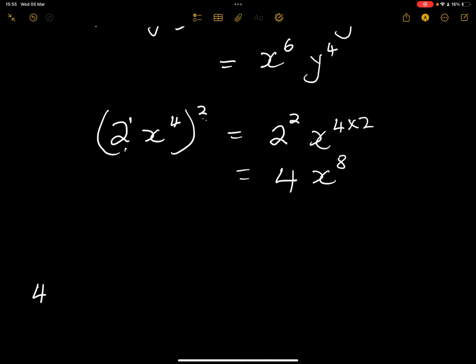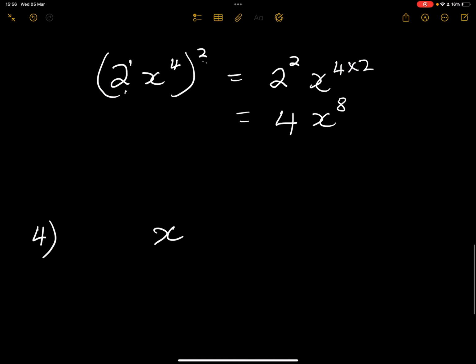Let's go to the fourth law. Again, if I am dividing, let's say a over b, and we are raising it. So let me say a to the power m and b to the power of n, and I raise them to the exponent of c, right?